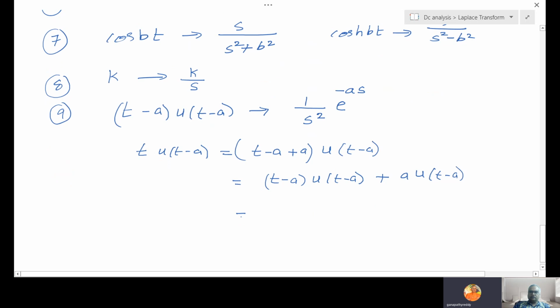So what is the first one? 1 by s square e power minus as. The second one, a u of t transform is 1 by s, and u of t is shifted by a, so e power minus as here.